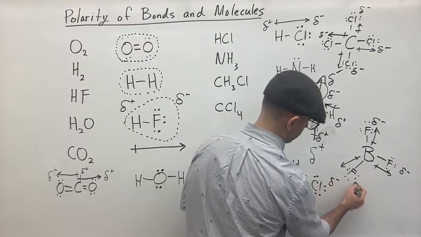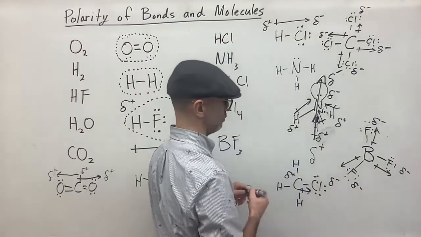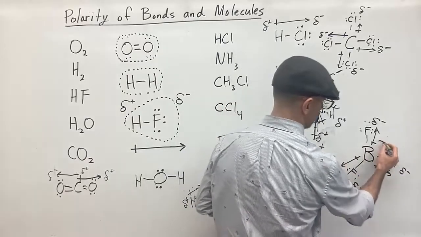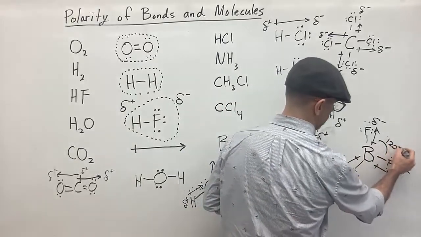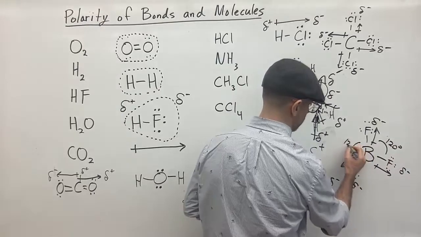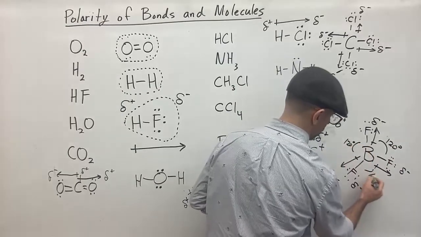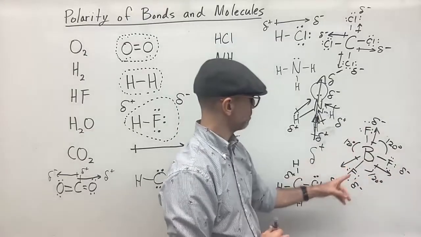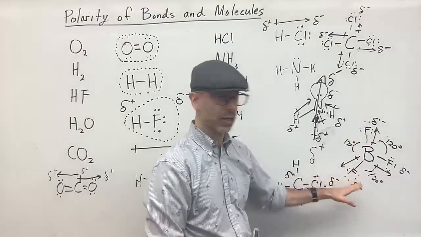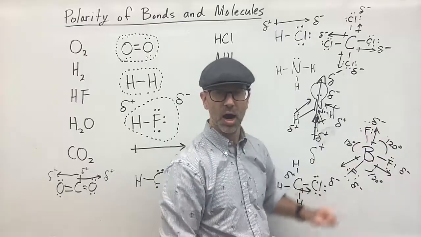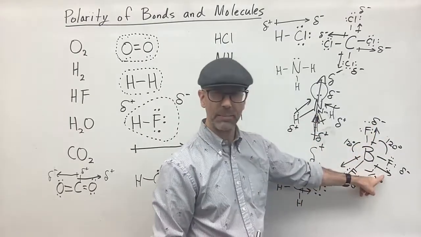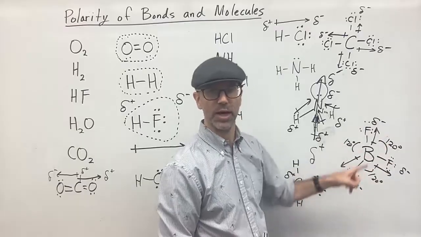So this fluorine is also going to be partially negative. So notice that because this is symmetrical, the angles are 120 degrees. So they're equally spread out. And so therefore, the polarity of the bonds are going to cancel out. So the polarity in these bonds will cancel out with that bond, and same with the rest.